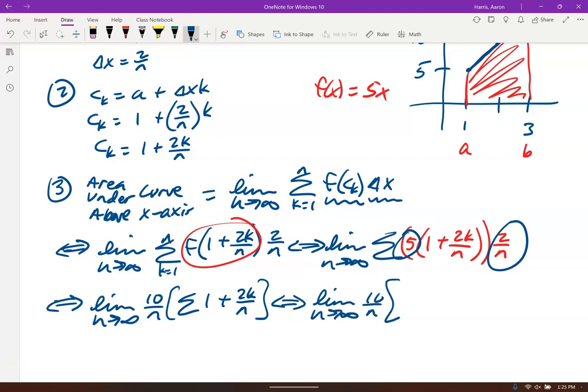10 over n, and then that'll be a summation of 1 plus a summation of 2k over n. So I'm going to put the 2 over n right there, and put the k right there for the formula. So there's my 2k over n. Again, k being 1 to n.